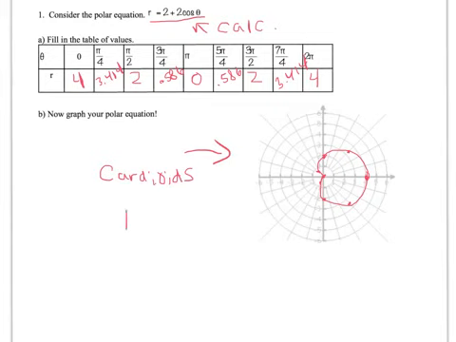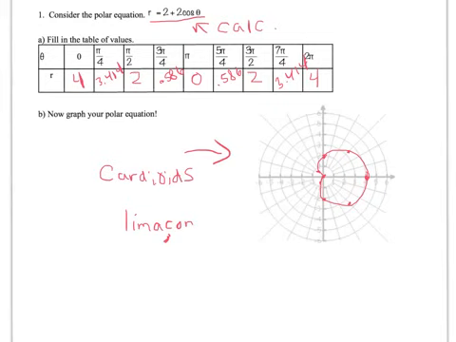I think the mathematical term for them is limaçon. To be honest, I don't know, I don't find the pronunciation of that too interesting. I call them cardioids, but they're also called limaçons.